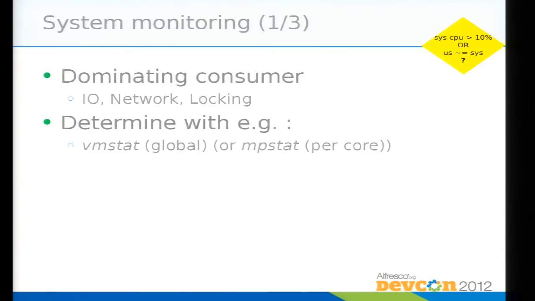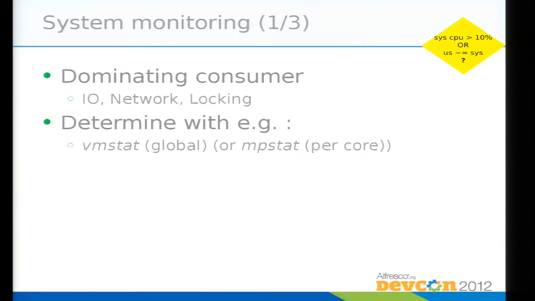So the first thing that you need to look at is what is happening with your system CPU. You want to determine your actual usage of the CPU in terms of system CPU, user CPU, etc. And the tool that I usually use for that is vmstat. That's available everywhere. I will mostly talk about Linux or Solaris. I'm not really familiar with Windows, but it's the same workflow.